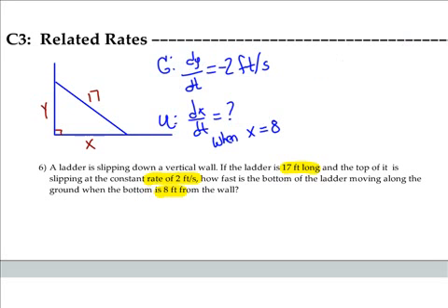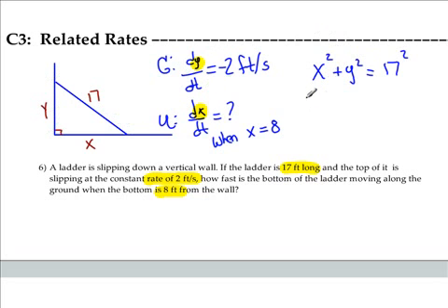So I need some function that relates x and y in this diagram. Pythagoras seems to work really well in these cases. So I've got x squared plus y squared equals the constant 17 squared.